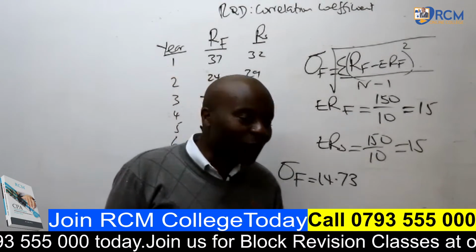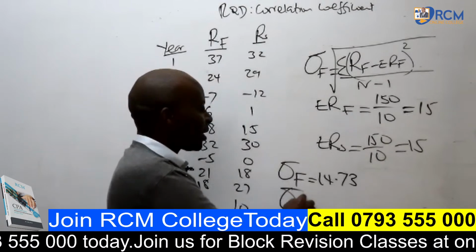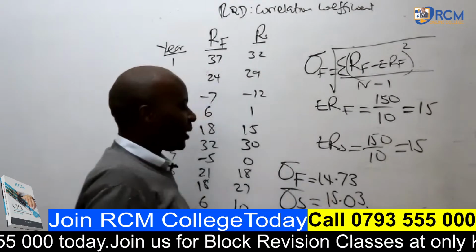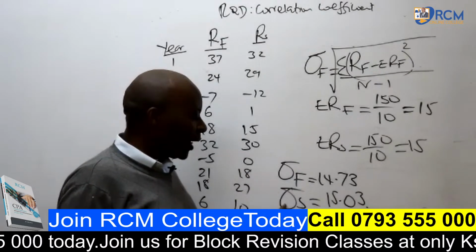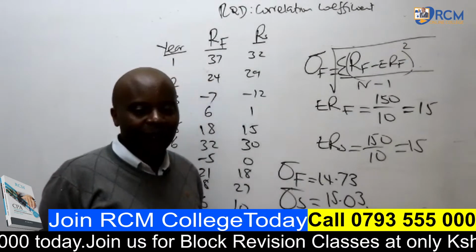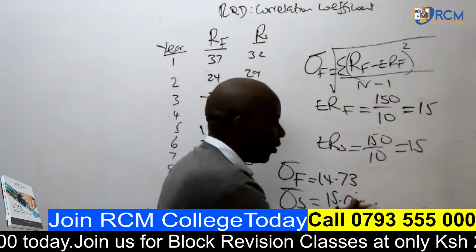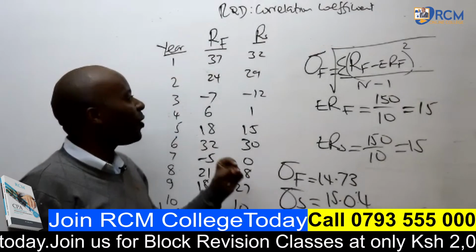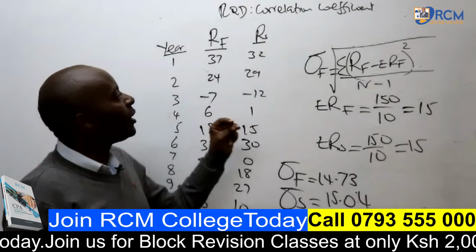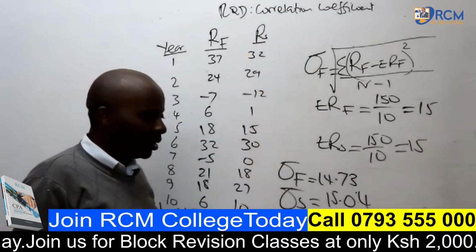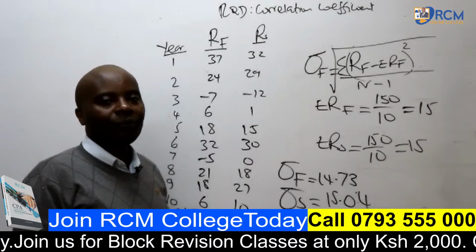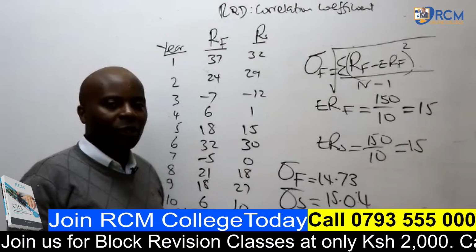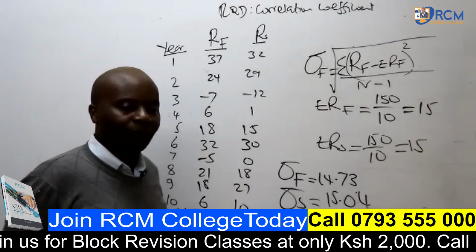Mercy Single has even gotten the standard deviation of S, 15.04. So I would want to give you another 1 minute. You guys rush over very fast and give us the standard deviation of S as well. You simply do your calculations very fast.